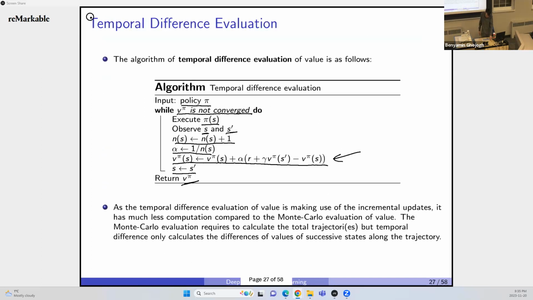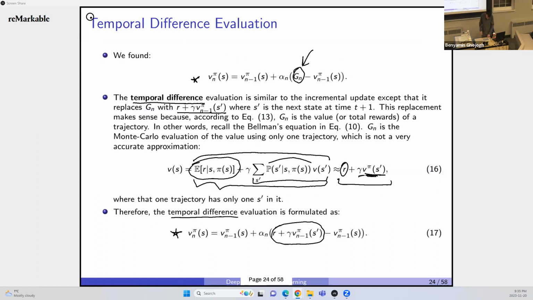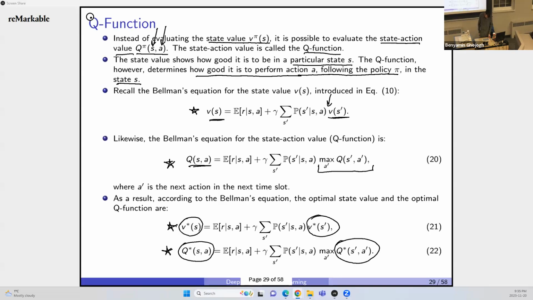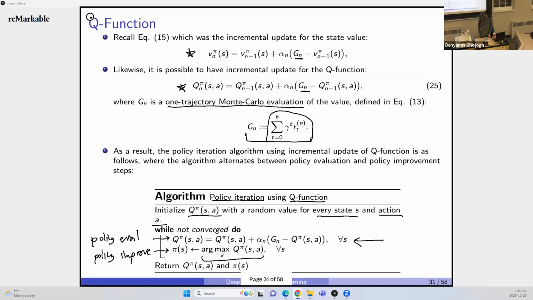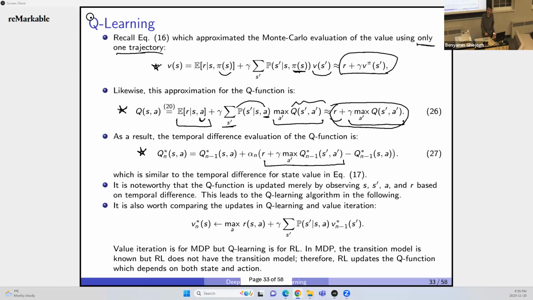Where was that? Here, this was incremental update. I replaced G_n with this to get the temporal difference. I'm doing this for Q function now. I get equation 27, right?